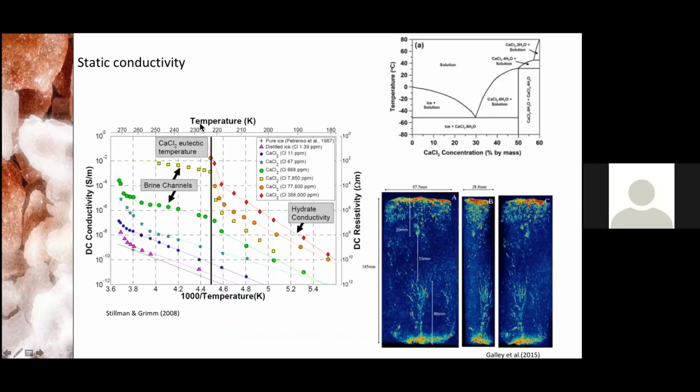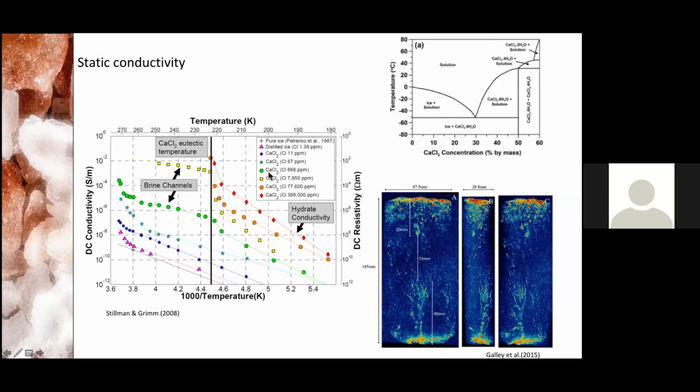Another example of how lab data help to interpret space mission observations is this. Here you can see the results of the static conductivity experiments made by Stillman and Green, 2008, with water ice doped by calcium chloride.